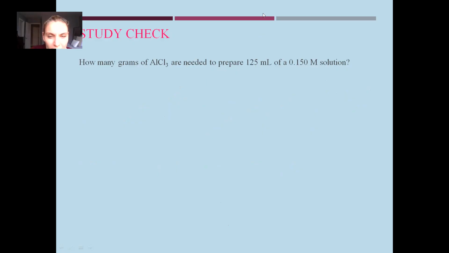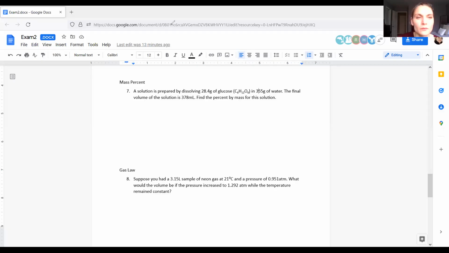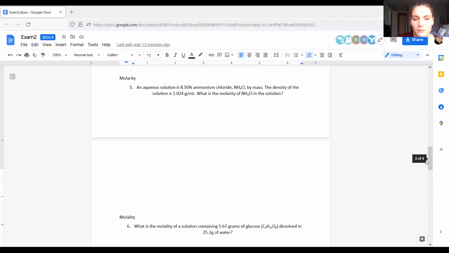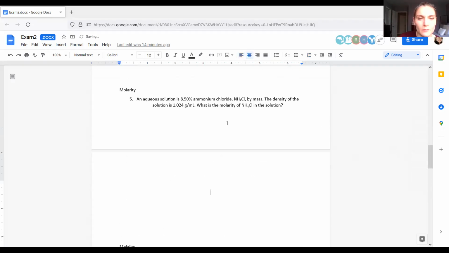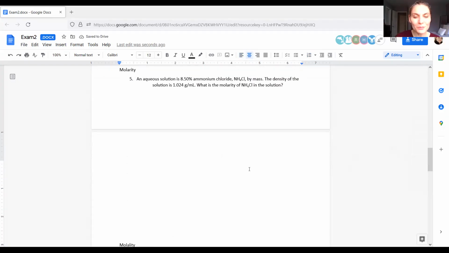All right, new share. Let's go back to this piece here. This is a molarity question, and it's kind of mixing those pieces together. So it's mixing mass percent and it's going to mix molarity in the piece.